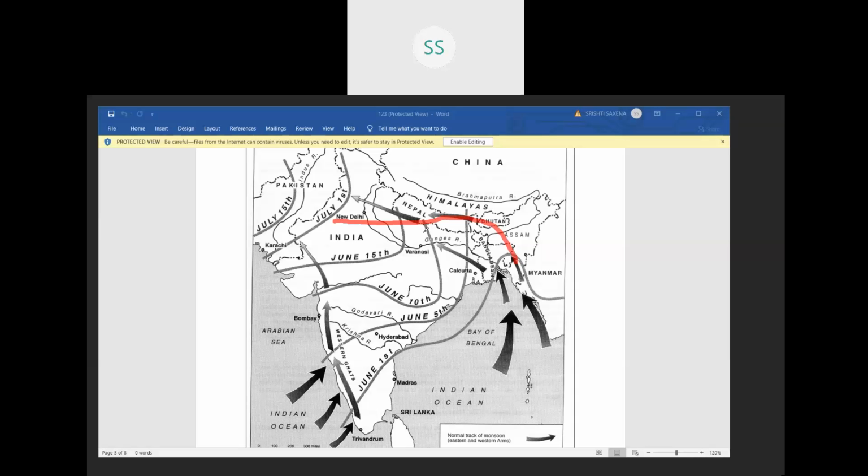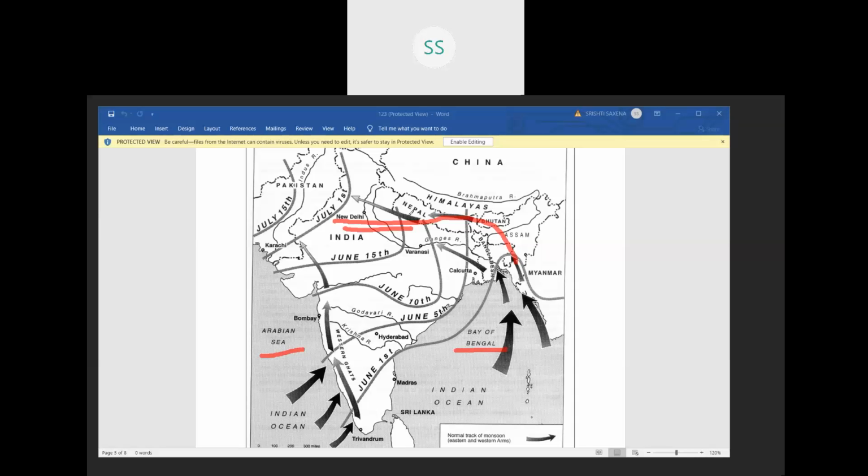So children, have you seen that Delhi and especially the northern plains of India receive rainfall from both the Arabian Sea branch as well as the Bay of Bengal branch? I'm repeating, the regions of Delhi and the northern plains, generally the Ganga plains, receive winds from both the Arabian Sea branch as well as the Bay of Bengal branch.